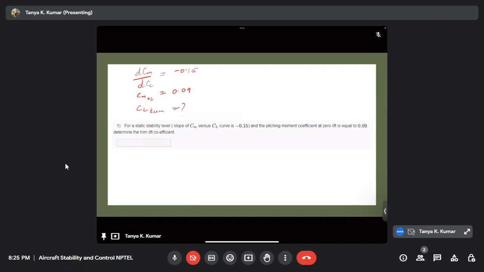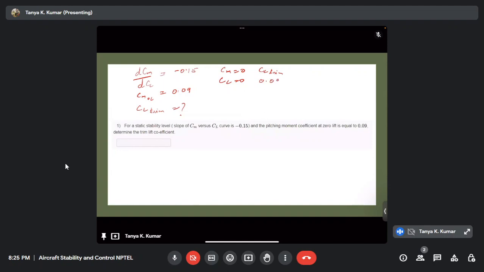How do you find this? You take 2 points. One is where Cm is 0 and one is where Cl is 0. The Cl value where Cm is 0 is Cl trim. And this value you know is 0.09.